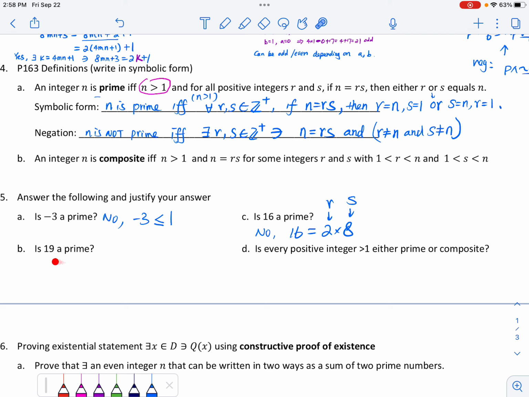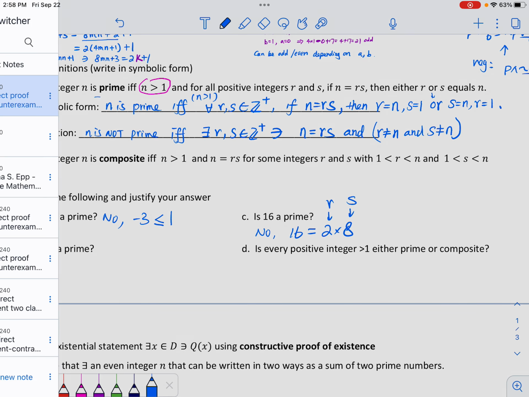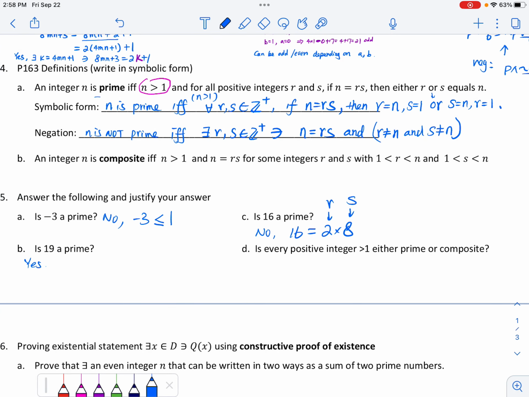Now 19, is 19 a prime? Yes, because 19 is equal to 19 times 1, and this is the only way to write 19 as a product of 2 integers, right?